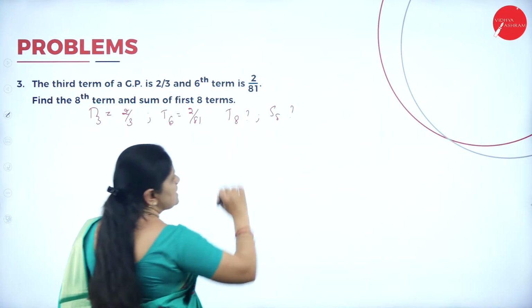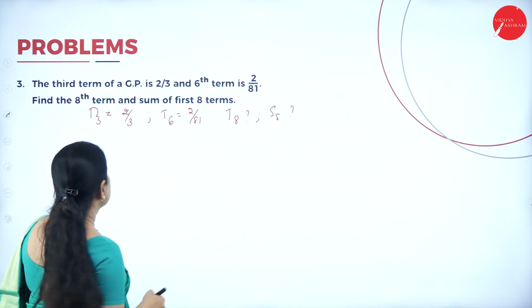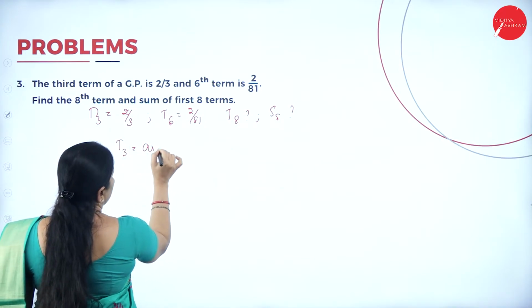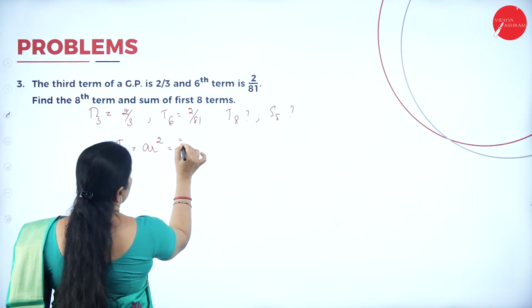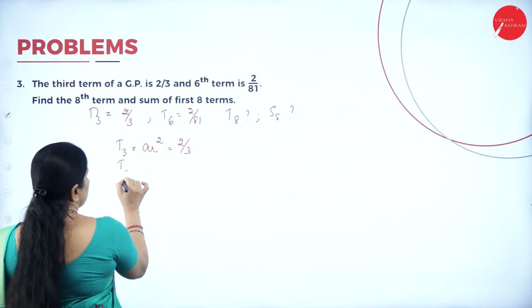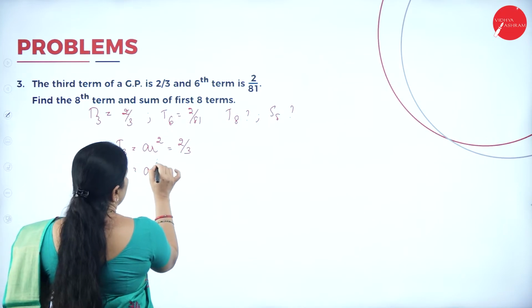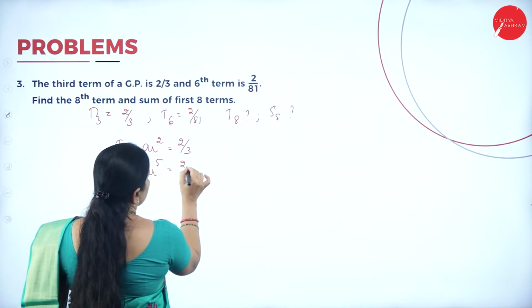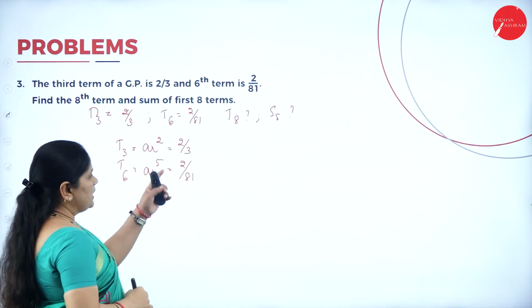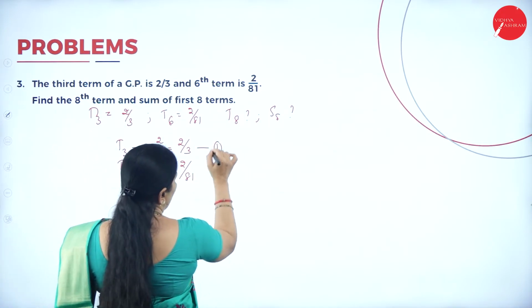We don't know what T8 is and we don't know what S8 is. Now T3 will be AR square equals 2 by 3 and T6 will be AR to the power 5 equals 2 by 81. So we divide equation 2 by 1.